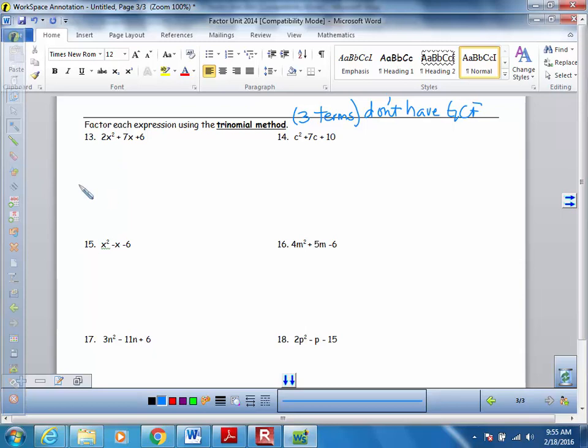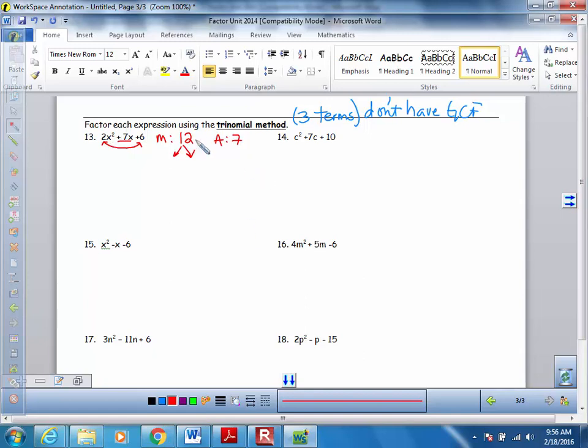Now, the steps to trinomial method. The very first thing I'm going to do here is multiply my first number times my last number. That's going to give me 2 times 6 is 12. Then I'm looking for something that multiplies to give me 12, but adds to give me a positive 7. And so that 7 comes from that middle term right there.